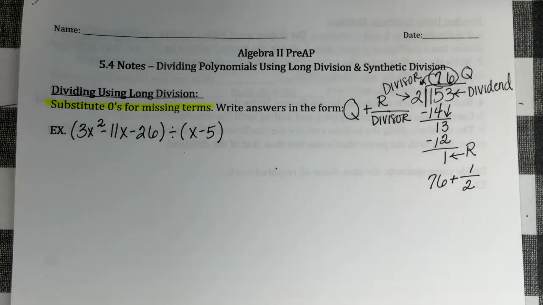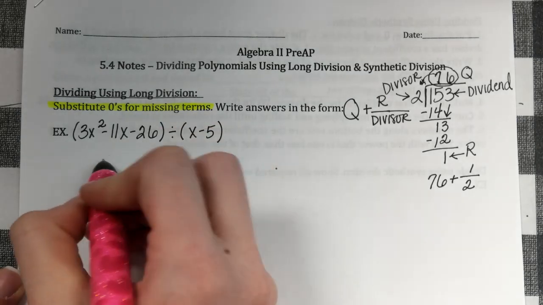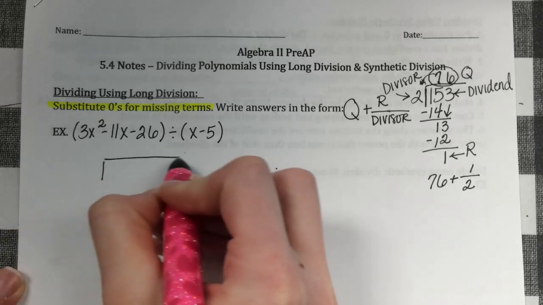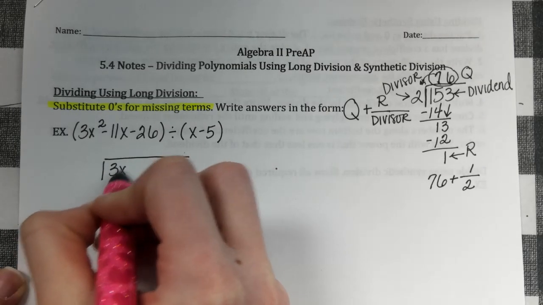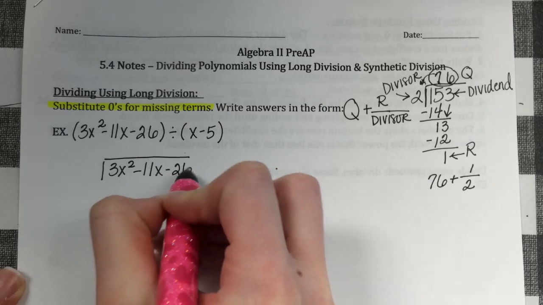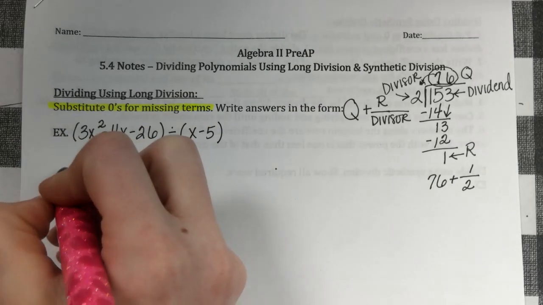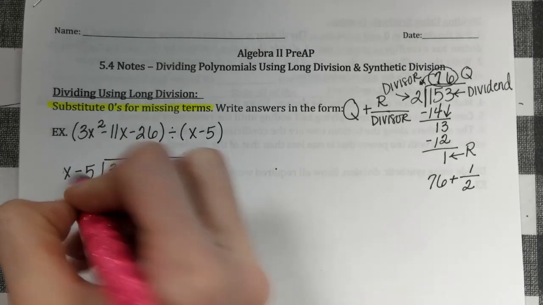Okay, so if I have 3x squared minus 11x minus 26, it is in standard form. I don't have any placeholders. So I am going to set up my long division. That dividend goes inside, and that x minus 5 goes over to the left.